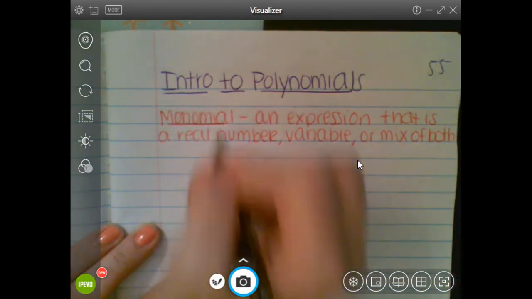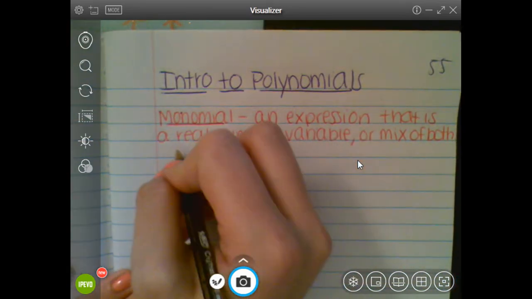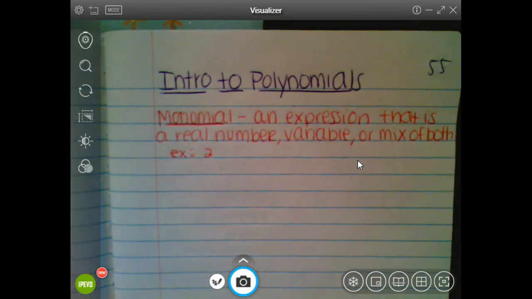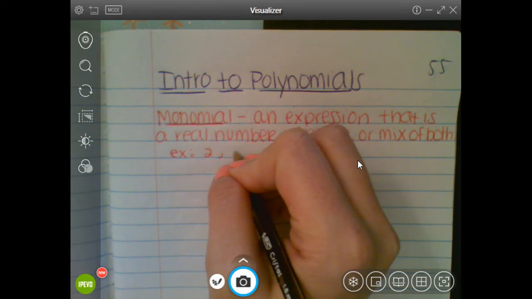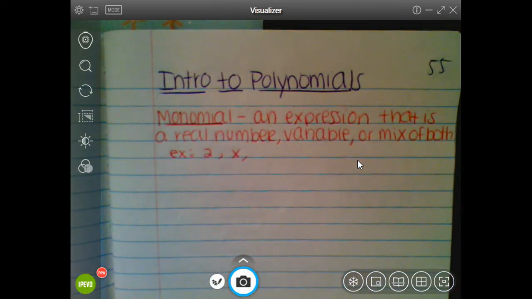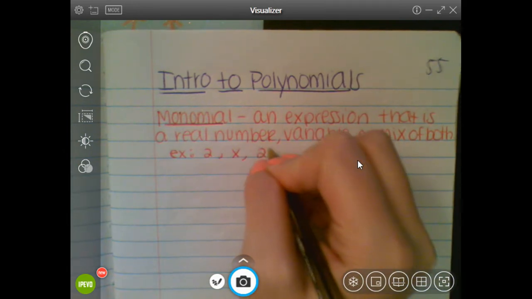So an example of that would be something like 2, right? That's just a real number. It could be x, which is just a variable, or you could see 2x.